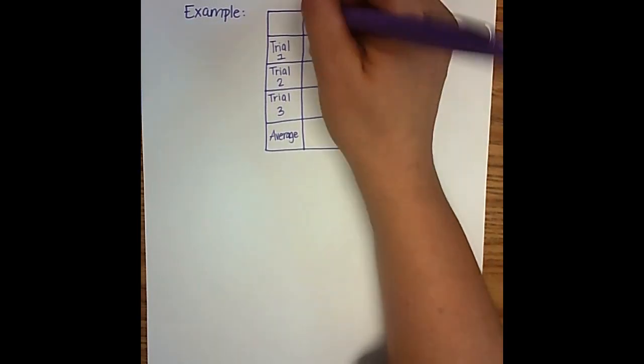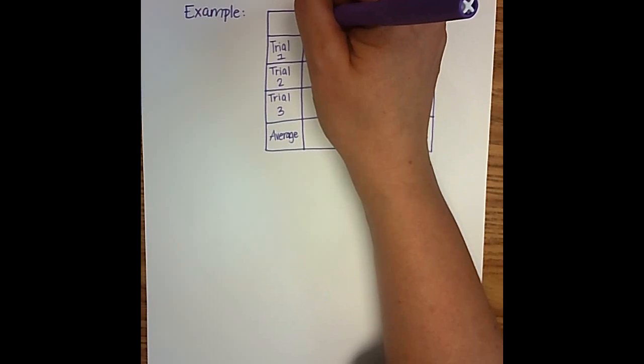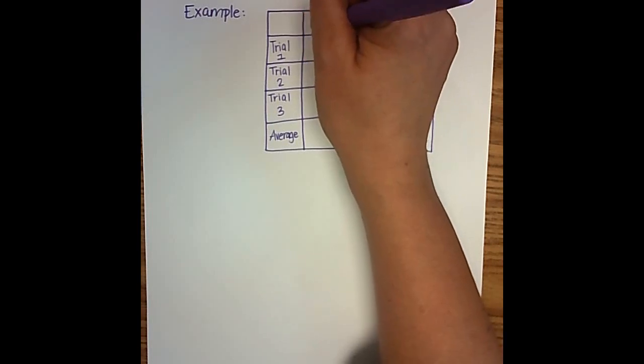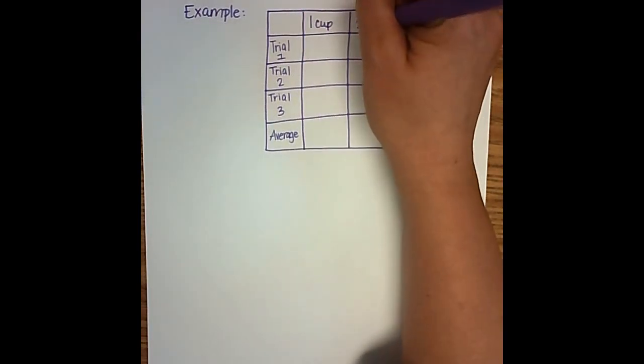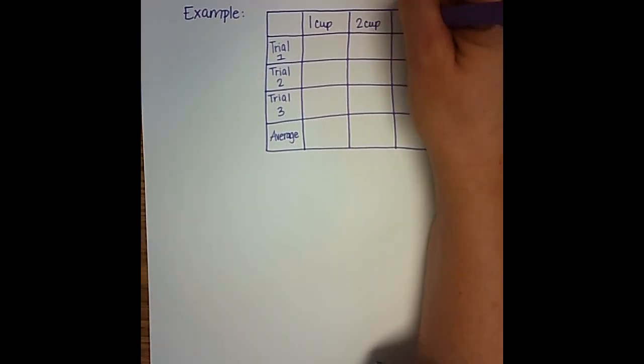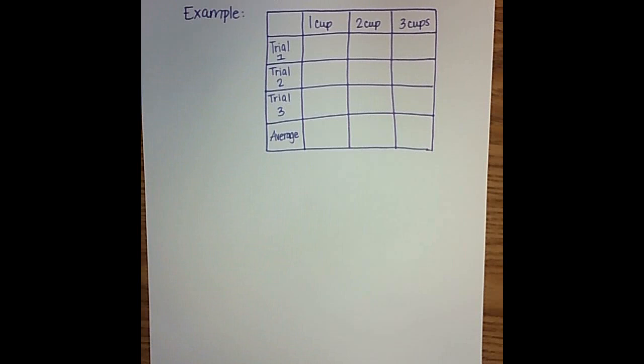Okay, so let's say I'm going to test 1 cup, 2 cups, and 3 cups. I've just decided I'm going to test different amounts of water. I'm going to water them on the same day, the same way. I'm going to use the same tool, the same measuring cup.